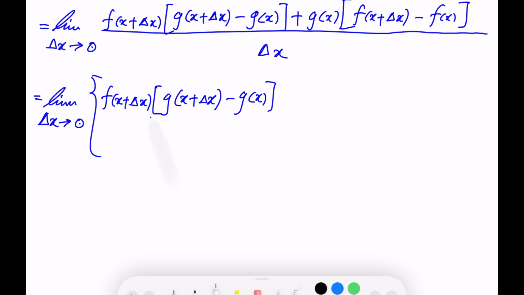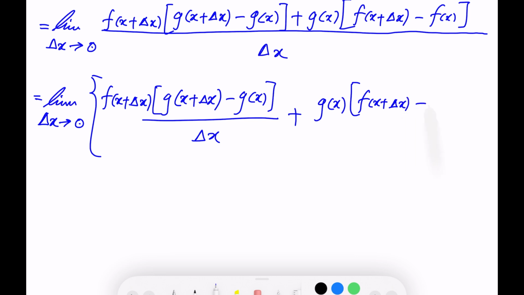All of that has to be divided by delta x. And then I have this plus sign, and I have g of x, brackets, f of x plus delta x minus f of x, close brackets. All of that has to be divided by delta x again, and close the big brackets.